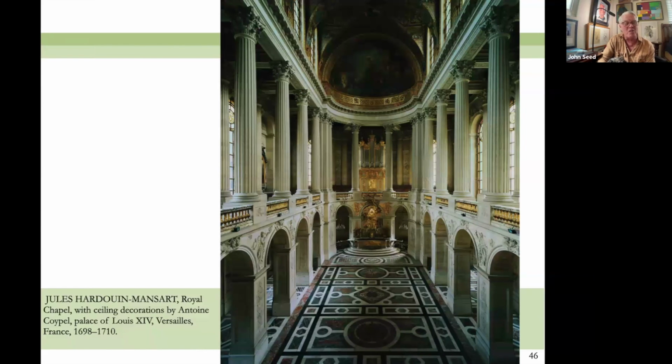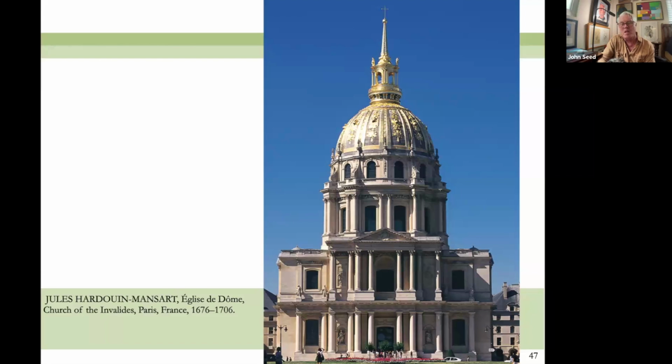Versailles just kept being expanded with royal chapels like this one that took 12 years to build. If you have visited the Church of Les Invalides, it shows you the ambition of Baroque French architecture because it was such a grand conception that it was never finished.